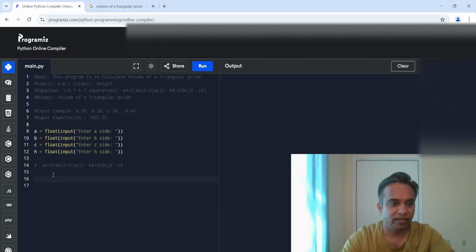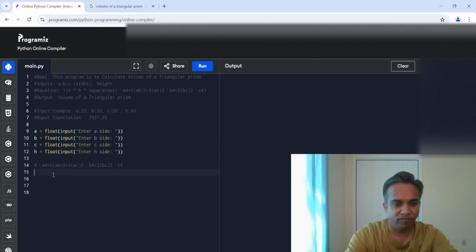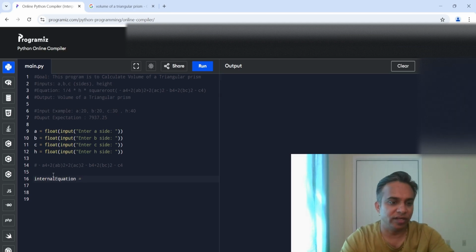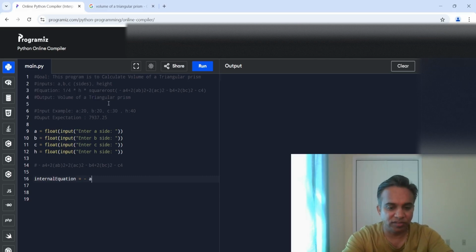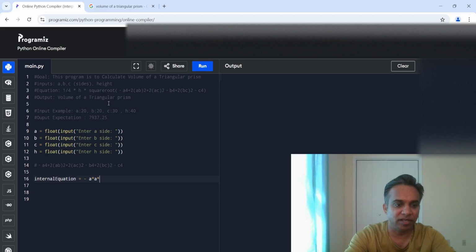So we can create a variable called internal equation and then try to use the values. It is minus a to the power 4. Instead of multiplying a four times, we can use the power function, which is a to the power 4.